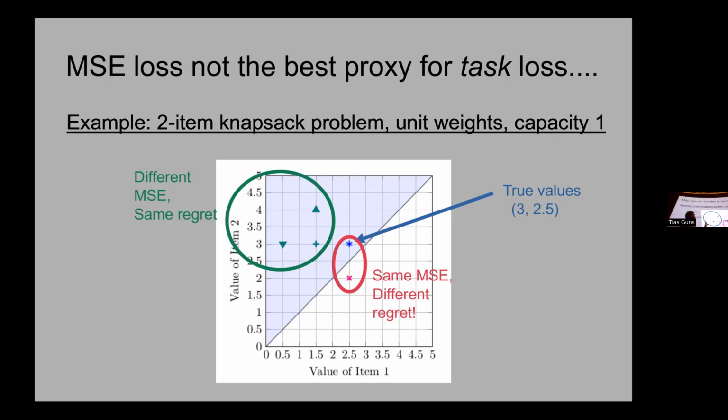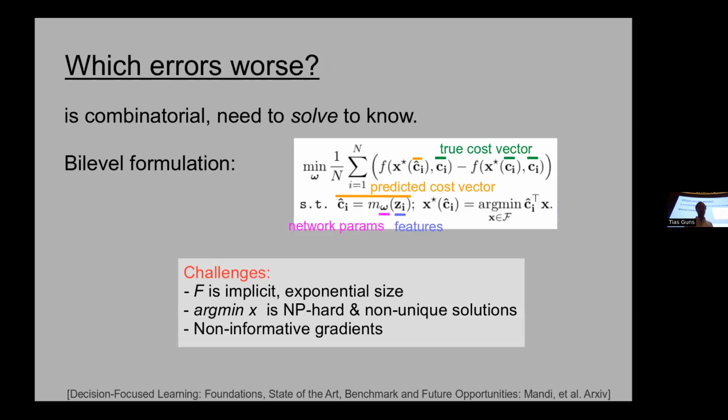So the mean square error of those 2 points is the same, but the regret is different. No, it should have been this one, right? Yes, so it should be this plus with this plus. I'm sorry, I did it wrong. So if you look at this plus and this plus, then they have the same mean square error, but the regret is different. All right. So again, showing that the two do not have to be correlated.